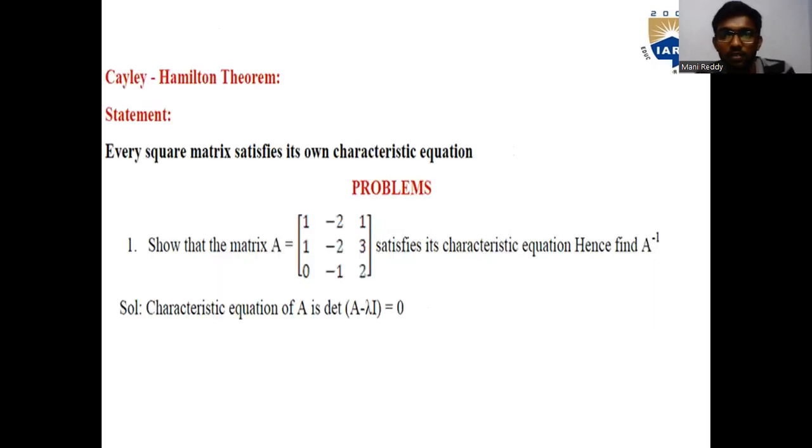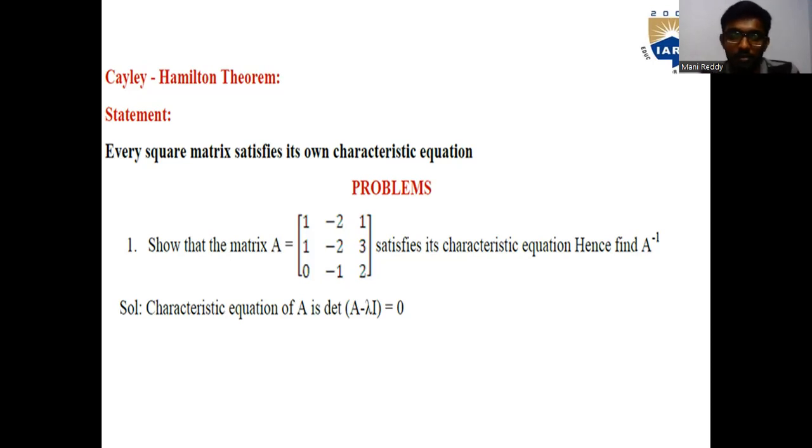Here is one problem, and the statement is also there. The Hamilton theorem statement says that every square matrix satisfies its own characteristic equation. Here's the statement, and the first example problem. The first question is, show that a matrix A, here a 3 by 3 matrix is given, satisfies its characteristic equation. Only square matrices are allowed in this Hamilton theorem.